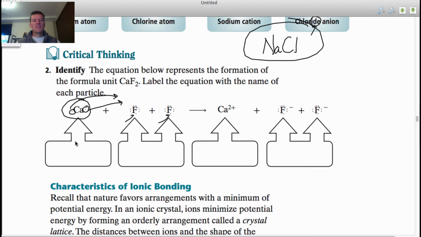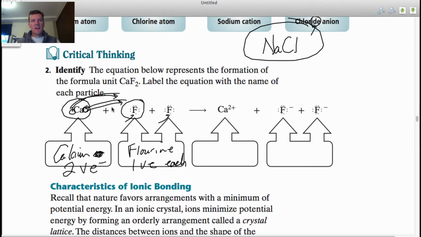All right? So this calcium right here, this is a calcium atom, has 2 valence electrons. And this is fluorine. It has 1 valence electron to give, or rather, each needs 1. So basically, calcium gives up its 2 valence electrons. It gives 1 to the first fluorine atom, and it gives 1 to the other fluorine atom.